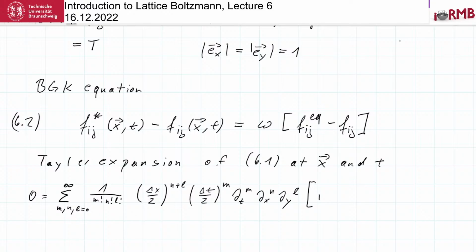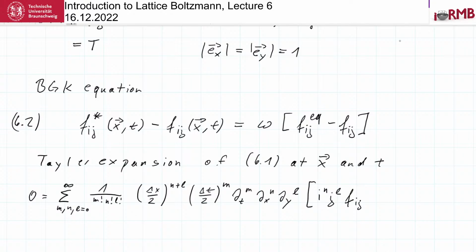So what we have here is i by the power of n. Remember, i is in the direction of x, and j by the power of L, which is in the direction of y. Both are positive because they belong to the pre-collision state f_ij, and I don't write the indices, but this is now at the position x and t. We have to save some space, so I don't write this index here.